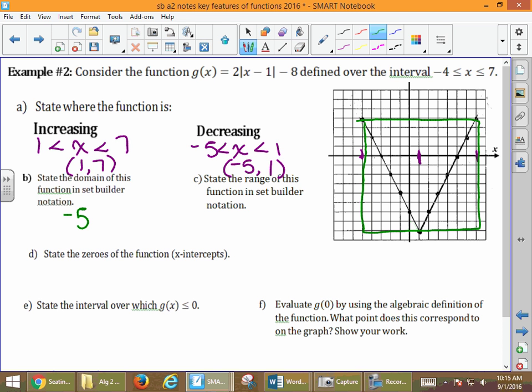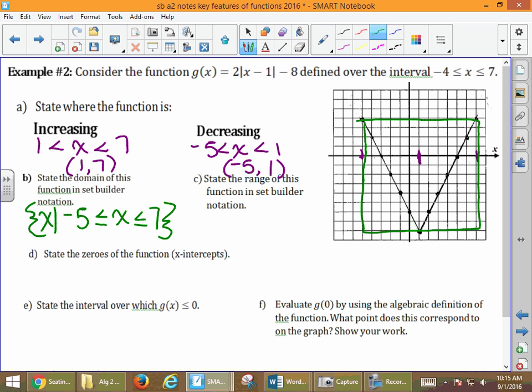And then over to the right part of the rectangle is 1, 2, 3, 4, 5, 6, 7. So it's going to be negative 5 is less than or equal to x is less than or equal to 7. Those are points on the graph, so we do want to include them. We don't have any open circles on this particular graph.